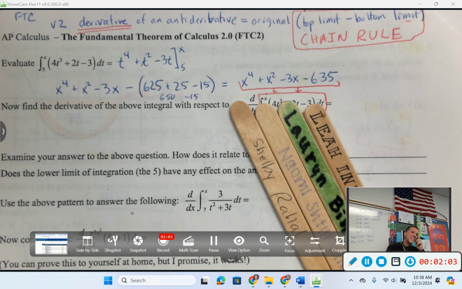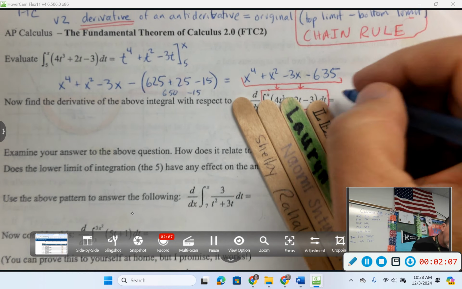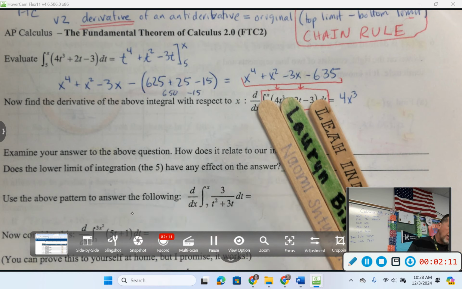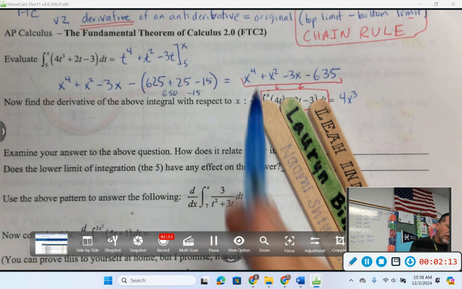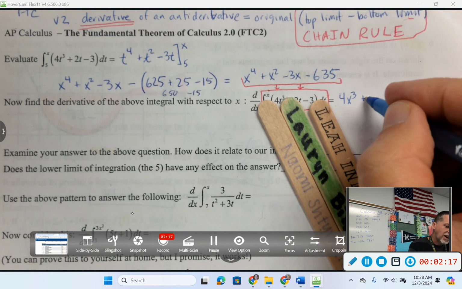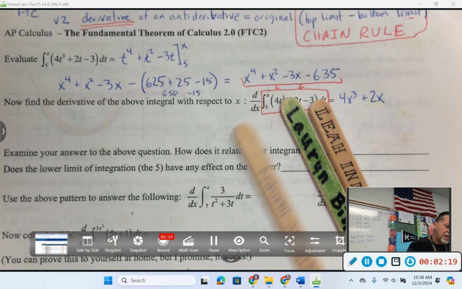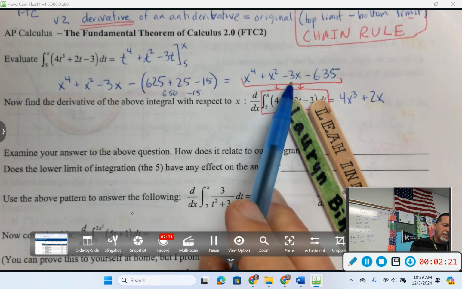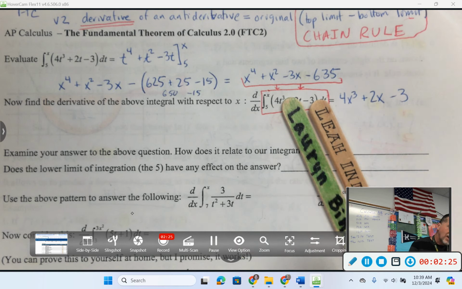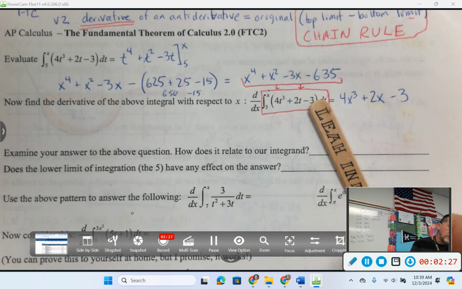Bring the 4 down. 4x cubed. Naomi, how about the derivative of x squared? What's that? 2x. Lauren, the derivative of negative 3x? That's just negative 3. And Leah, the derivative of negative 635? 0.